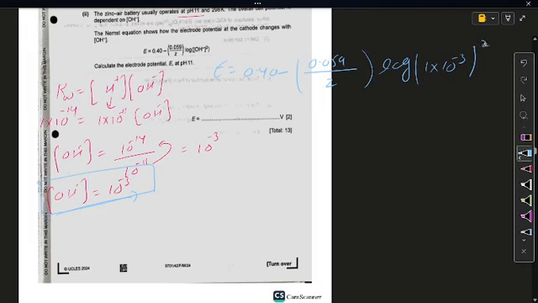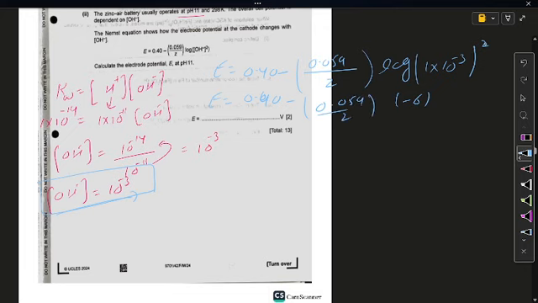Once you solve it, E is equal to 0.40 minus: take 1 times 10 raised to the power negative 3, apply the square, then apply the log, and that gives you negative 6, times 0.059 by 2.